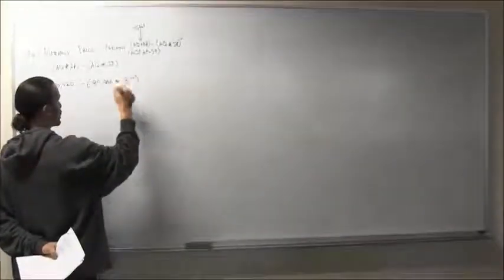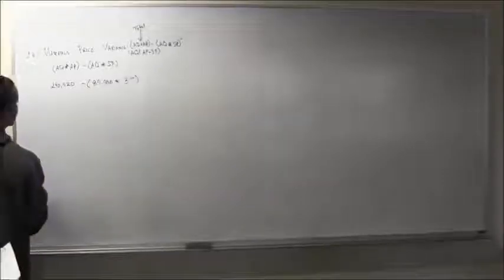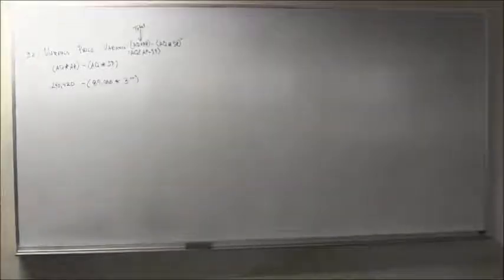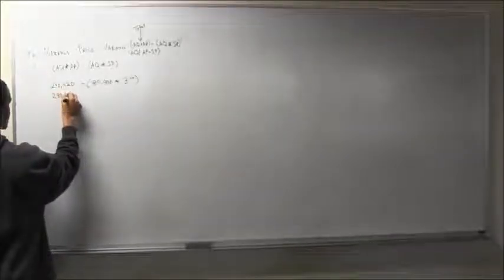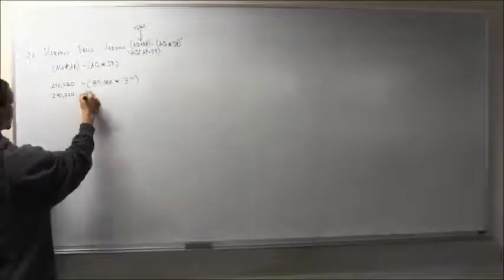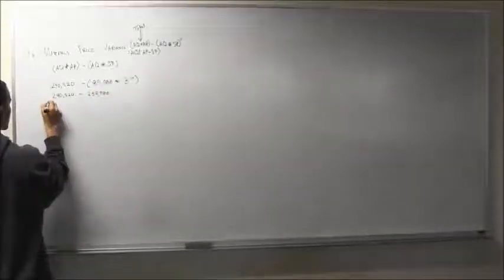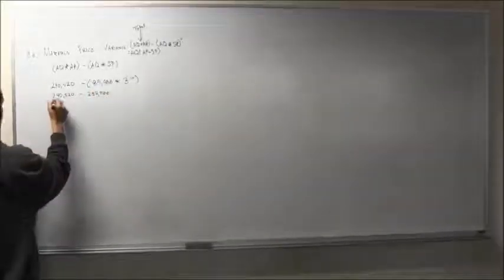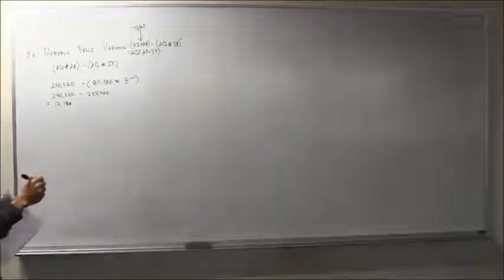So everything can be filled in. So this is 240,520 minus 257,700, and this becomes 17,180. Favorable or unfavorable?